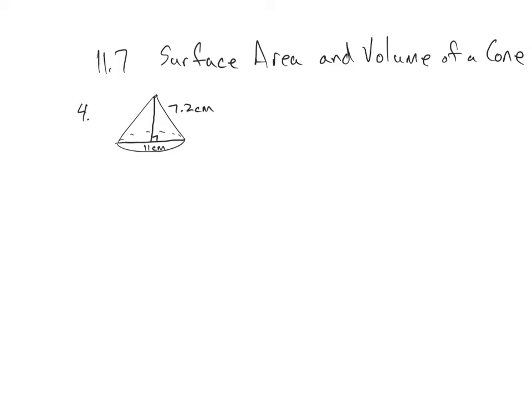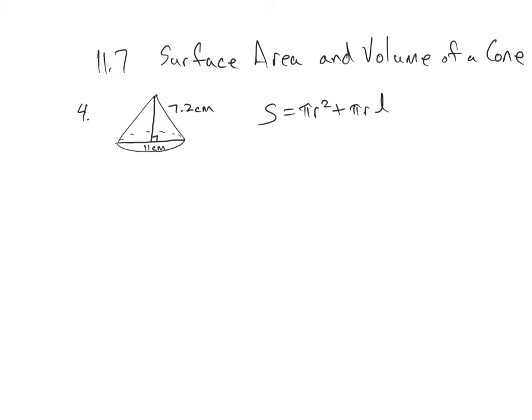Now, here is the formula. So the formula for surface area of a cone is pi r squared plus pi r L. L is the slant height of a cone, excuse me. So the 7.2 is my L, not the perpendicular line, okay?